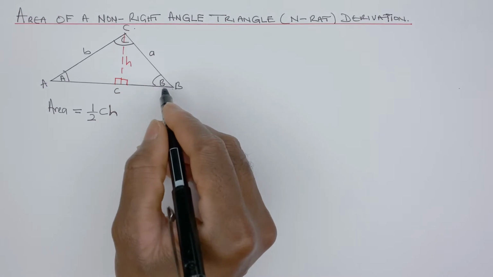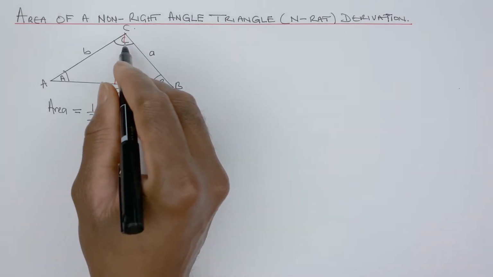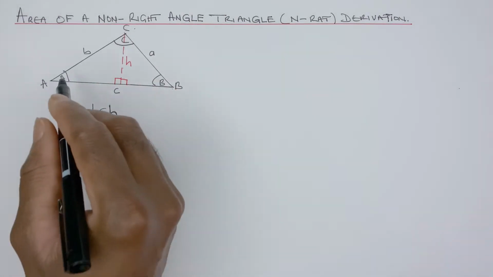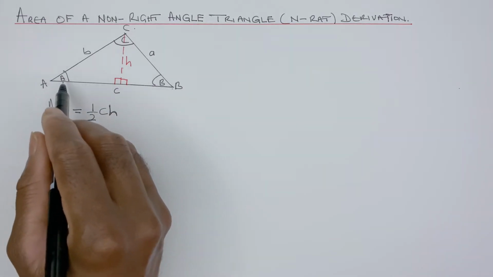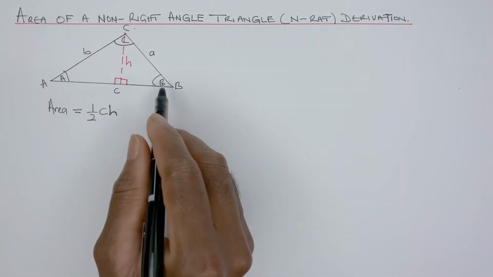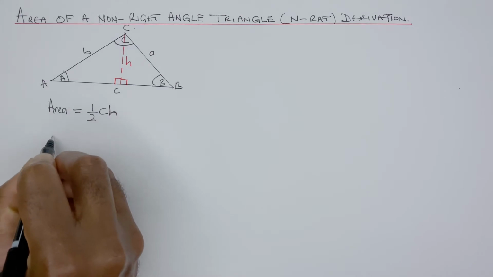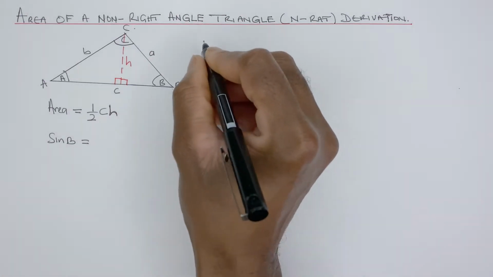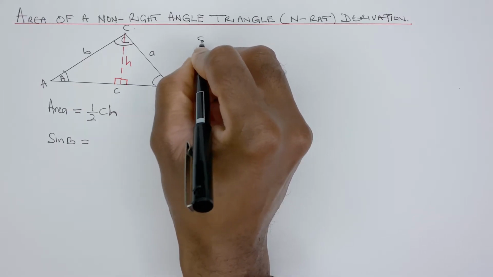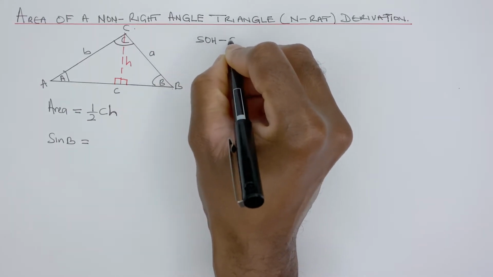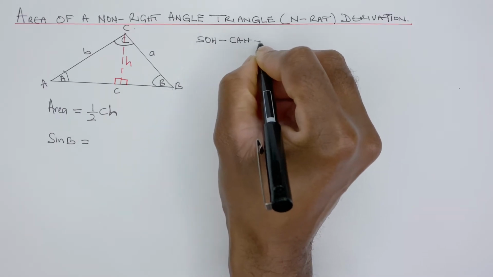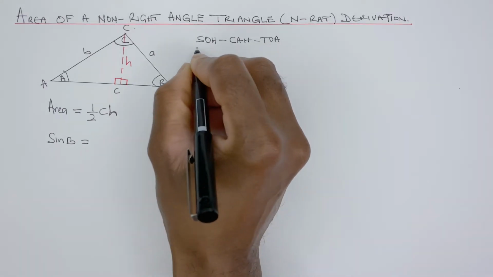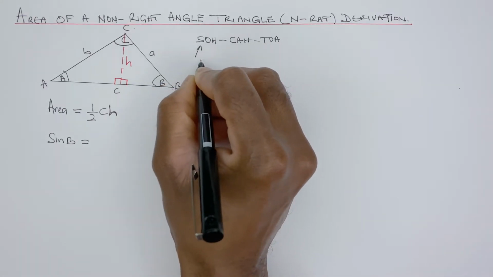To find that, I can use sine of B or sine of C or sine of A. I could choose any one I prefer. In this case, I'm going to use sine of B. I'm using SOH CAH TOA.